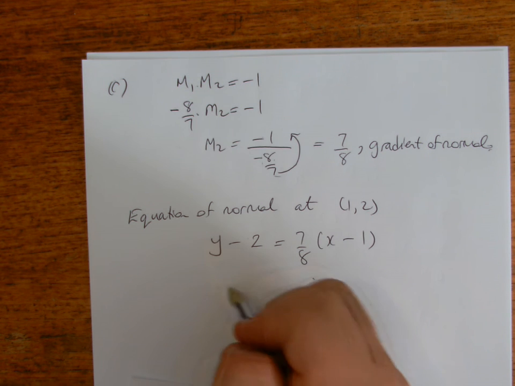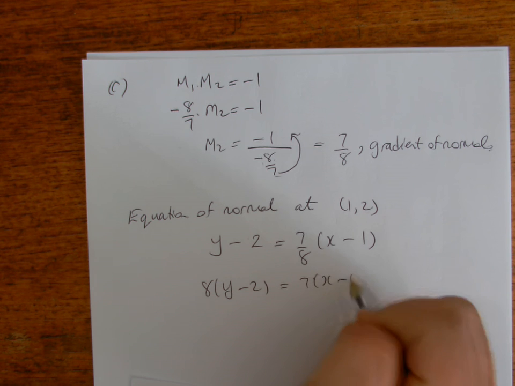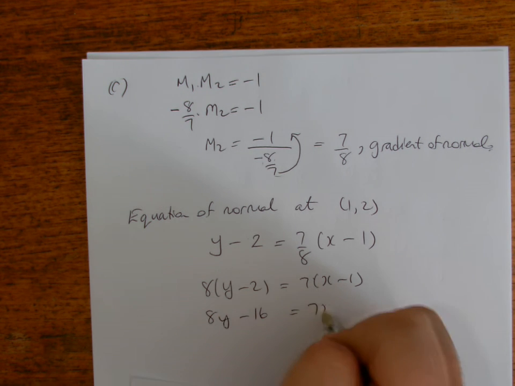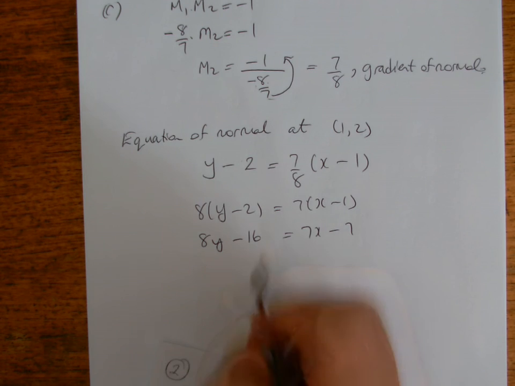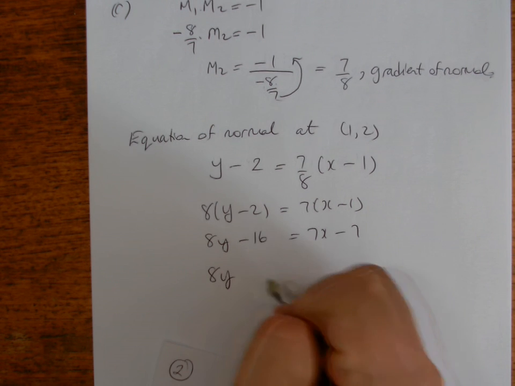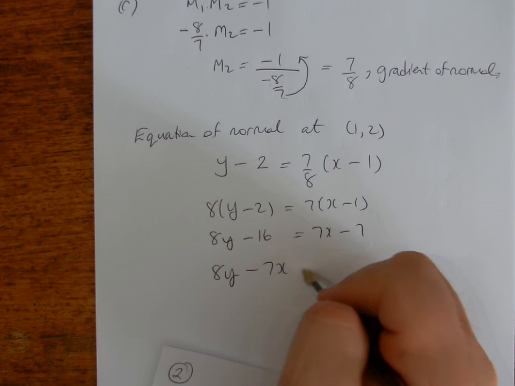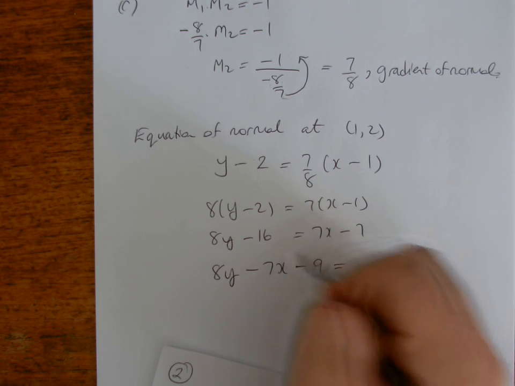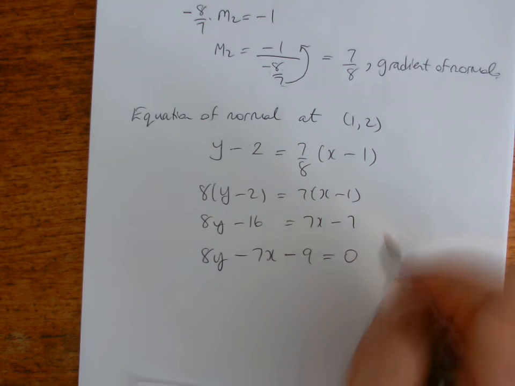Take that 8 over this side. So you get 8y minus 16 equals 7x minus 7. So then you get 8y minus 7x minus 9, isn't it? When I take that over, it becomes a plus, so minus 16 plus 7 is minus 9, equals 0. So this is the equation of the normal.